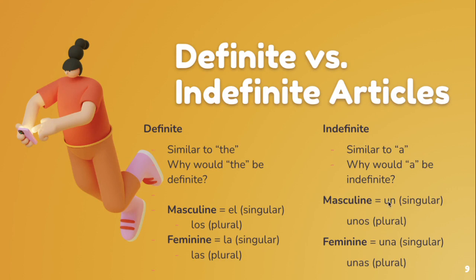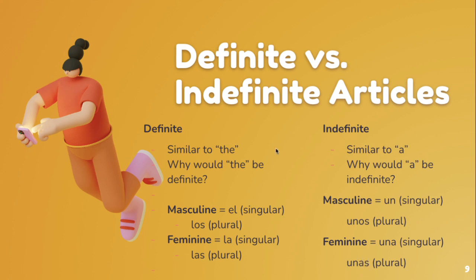Like, necesito un libro. I need a book. Necesito unos libros. I need some books, right? That's kind of the idea, not an exact translation. Feminine then is going to be una, and that's going to be "a," but with a feminine noun. Then unas is going to be when your noun is feminine and plural.